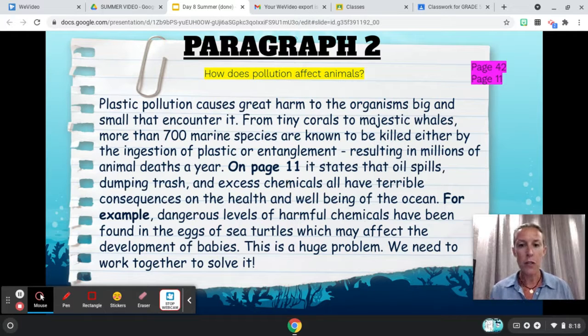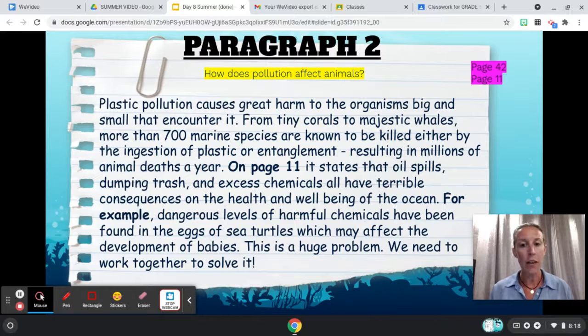Plastic pollution causes great harm to the organisms, big and small, that encounter it. From tiny corals to majestic whales, more than 700 marine species are known to be killed either by the ingestion of plastic or entanglement, resulting in millions of animal deaths a year.